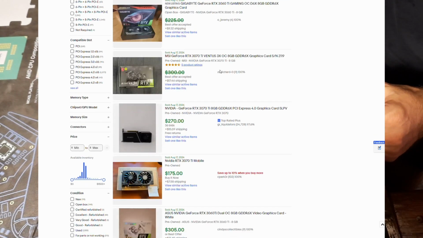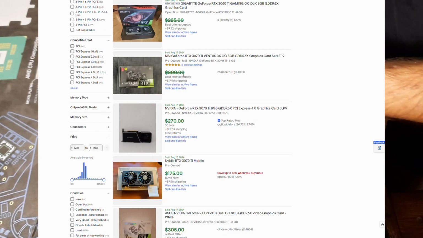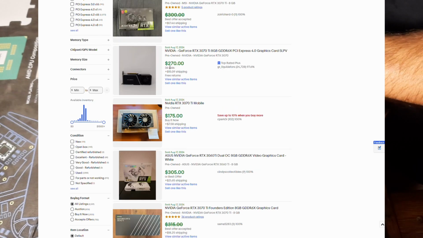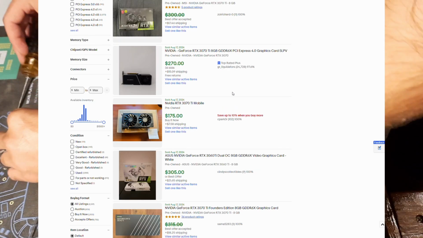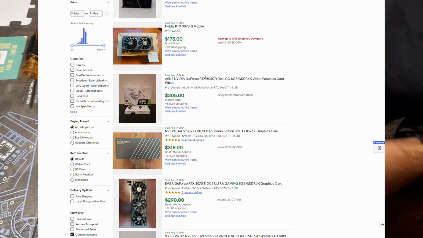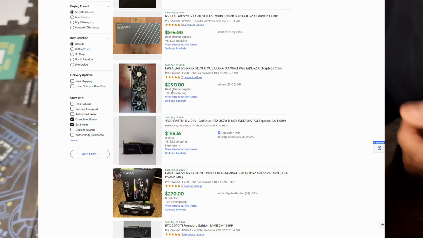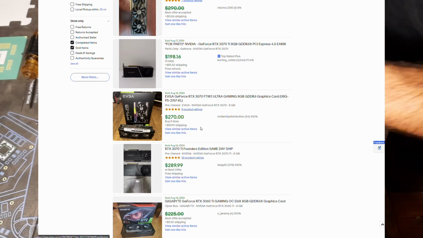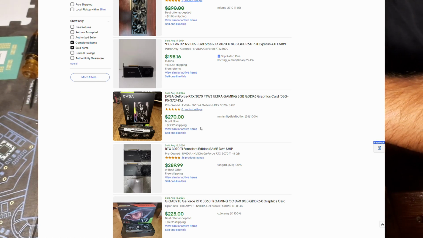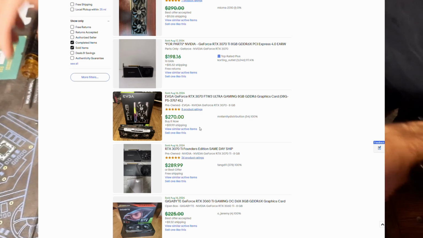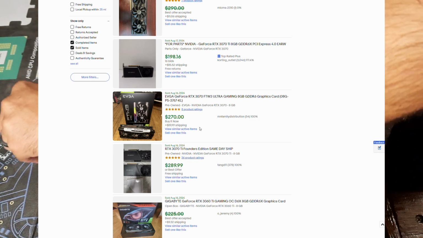Here's a 3060 Ti, that's not what we're looking for. 3070 Ti, around $300. A little short of $300 shipped. Here's another one, $300 or so, close to $300. So you're getting an idea. A 3070 Ti is going to cost around $300. So I saved almost $100 by getting it.